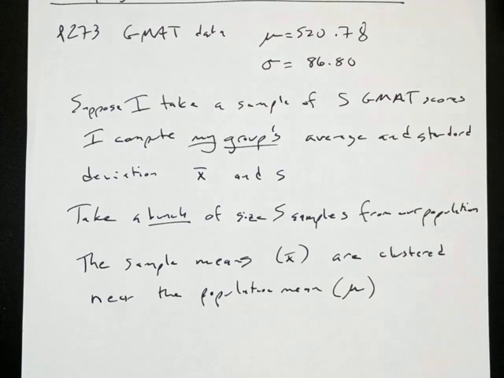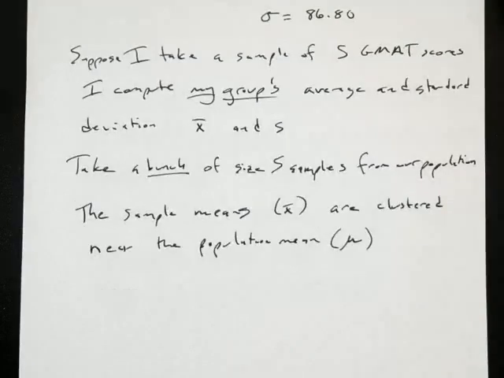The sample means are clustered up around the population mean. If I were to do larger samples rather than just 5 people, maybe do 10 or 15, or if I were to do more sample sets, then I would get a cluster closer to the population mean.